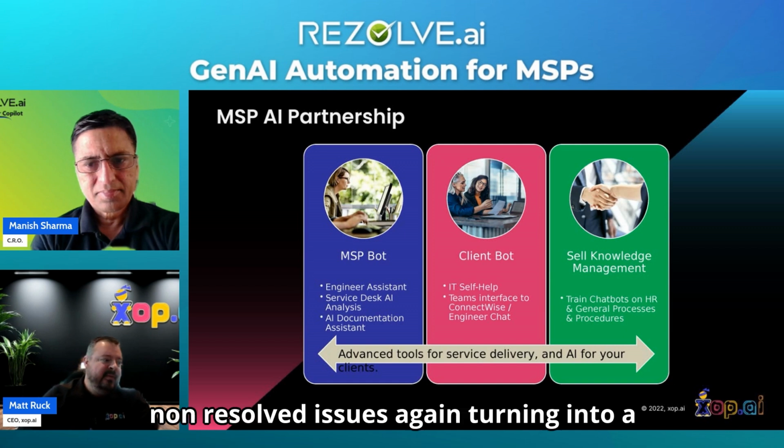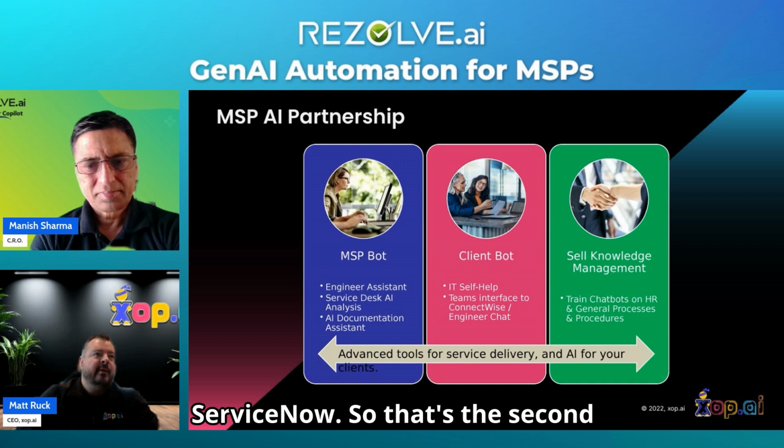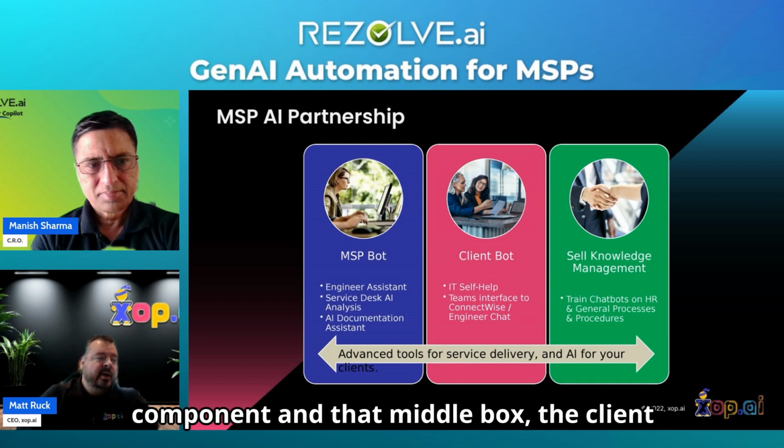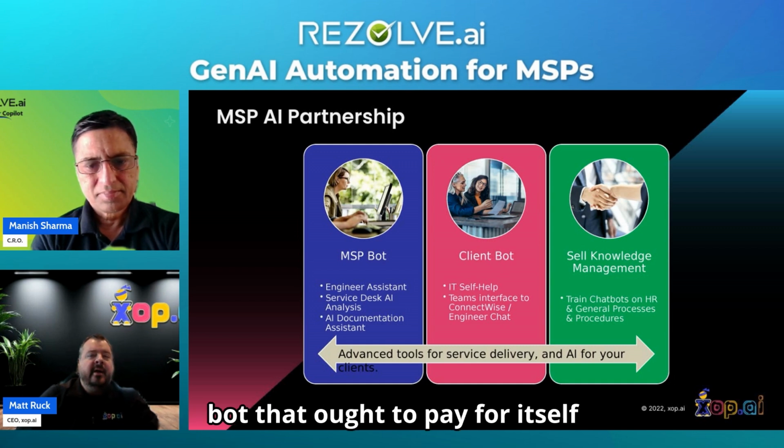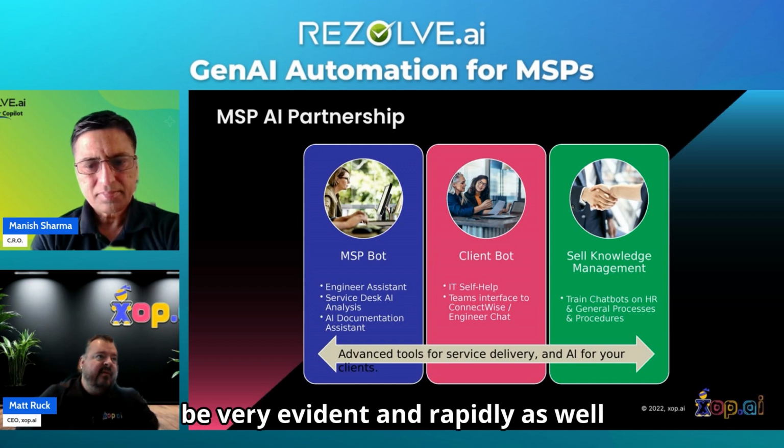The non-resolved issues turn into a ticket inside ConnectWise Manage or ServiceNow. So that's the second component. And that middle box, the client bot, ought to pay for itself many times over. And so the ROI should be very evident, and rapid as well.